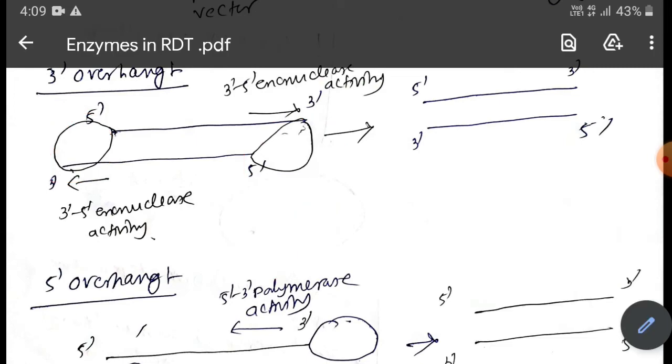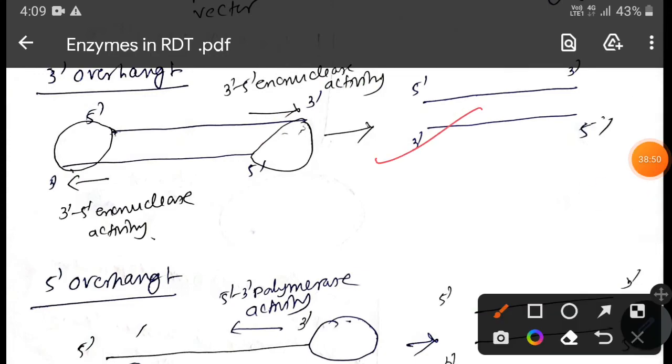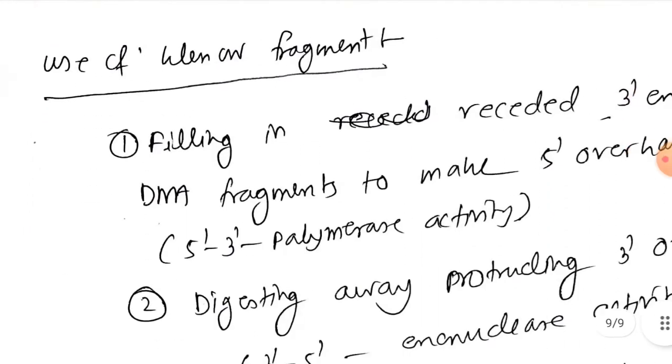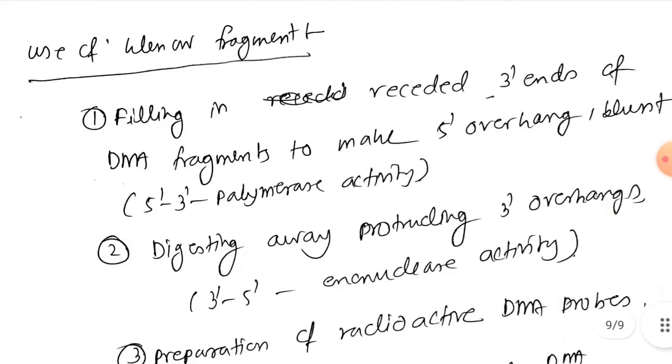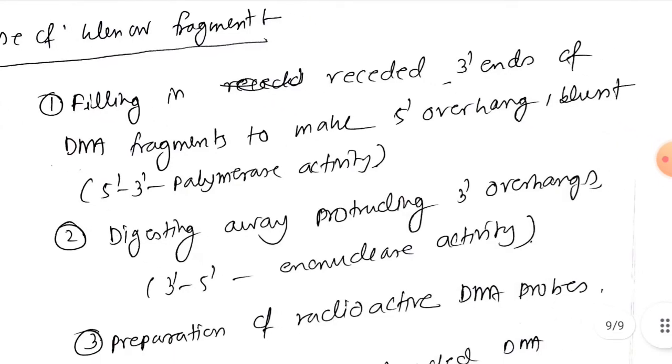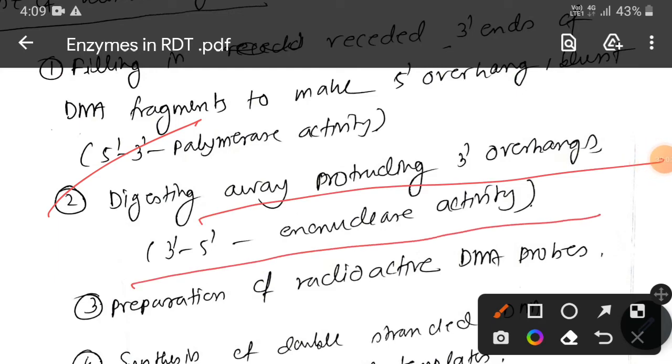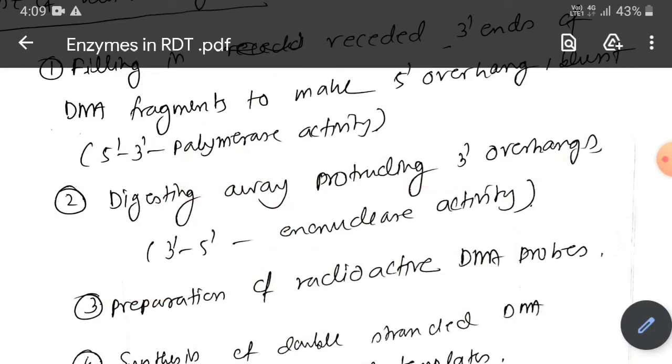Okay, as a result a good 5 prime to 3 prime blunt ended DNA fragment will be produced. That I have mentioned here as a first point, that is digesting away any protruding 3 prime overhang or the 3 prime nucleotide which is in excess amount, okay, with the help of 3 prime to 5 prime exonuclease activity.